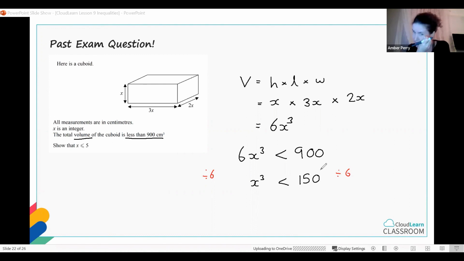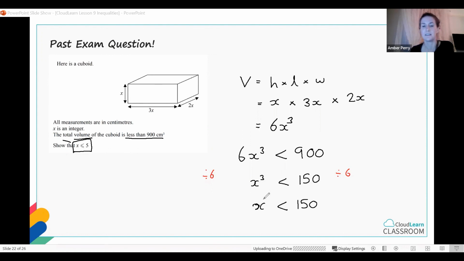You could solve it, but if we look back at the question, which I've just hidden, it says show that X is less than or equal to 5. Okay, so all we need to do is show that if X cubed is less than 150, X is going to be less than the cube root of 150.